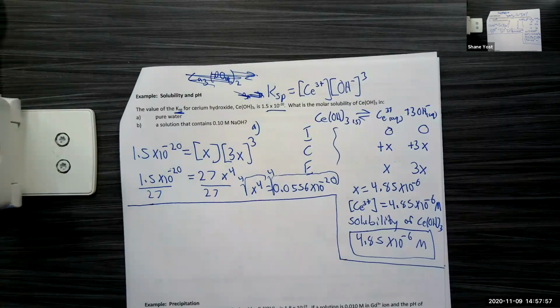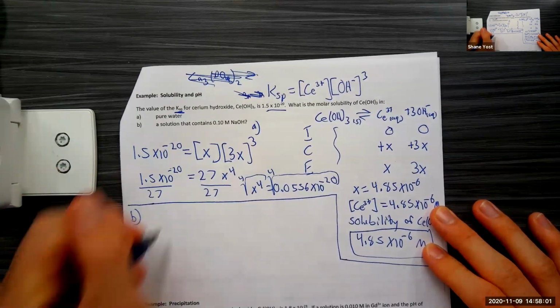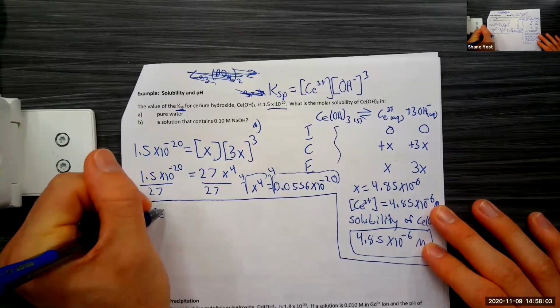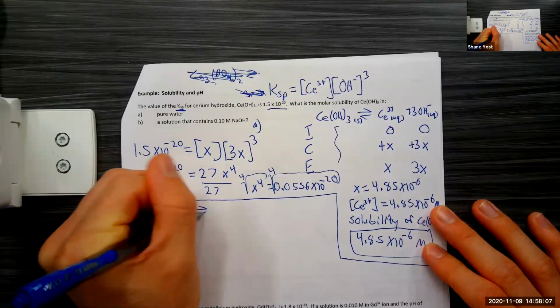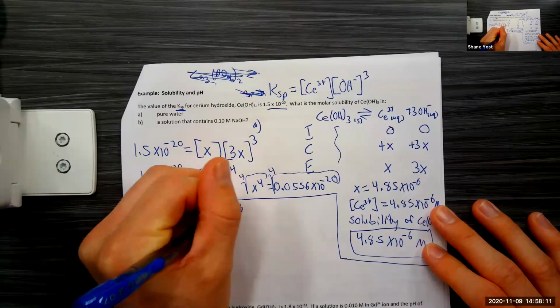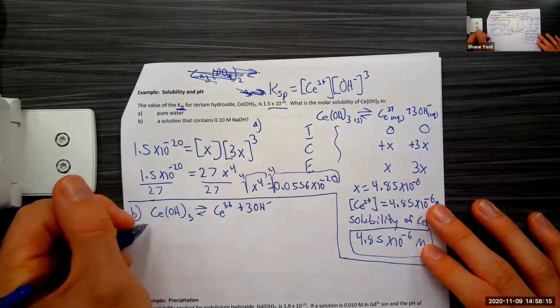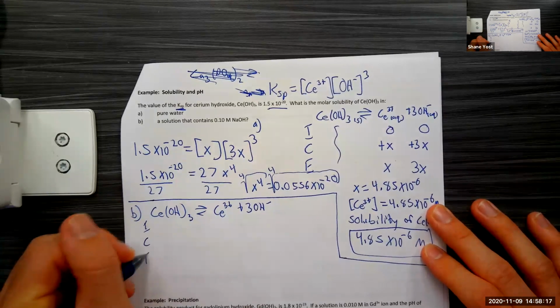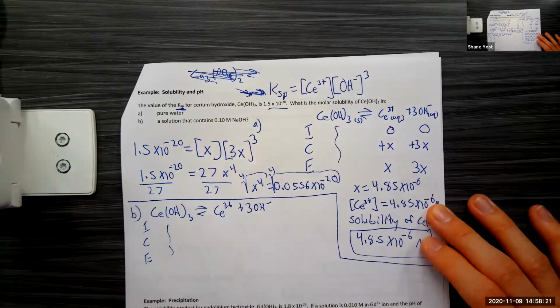All right, so for part B, I have this exact same equilibrium reaction, exact same scenario, but now there's OH minus. When I'm filling out my ice chart, again, cesium hydroxide doesn't appear.